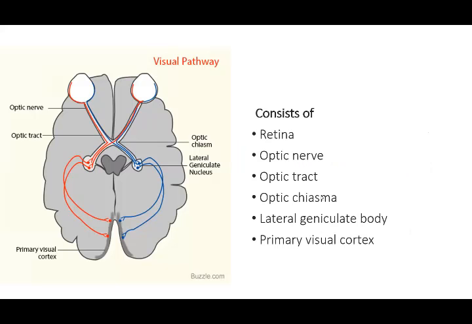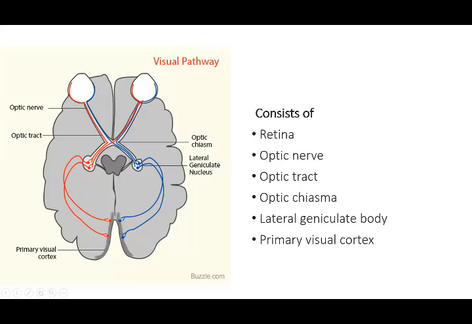So now the visual pathway consists of the retina, the optic nerve, the optic tract, the optic chiasma, where they cross, we'll talk about this, and then the lateral geniculate body.